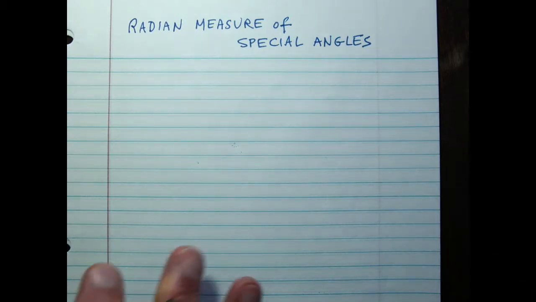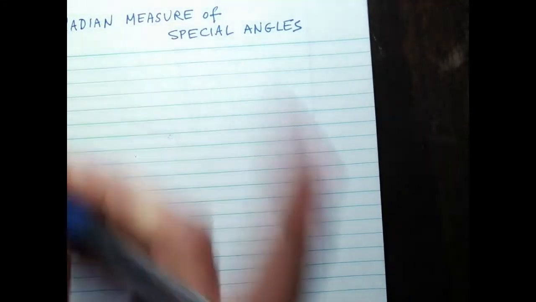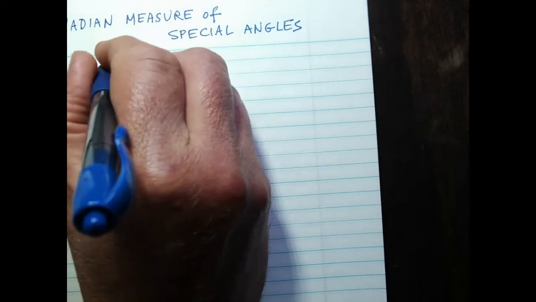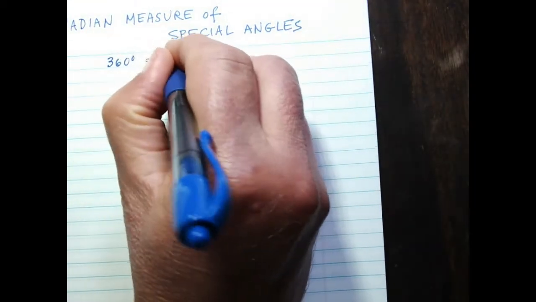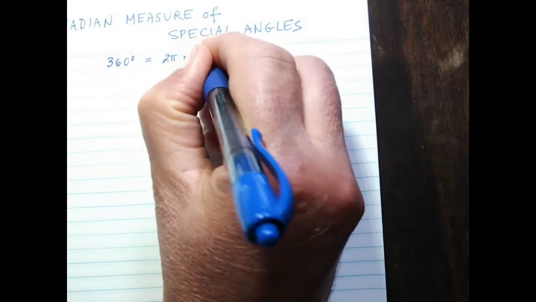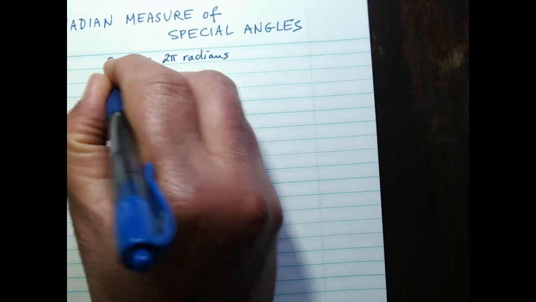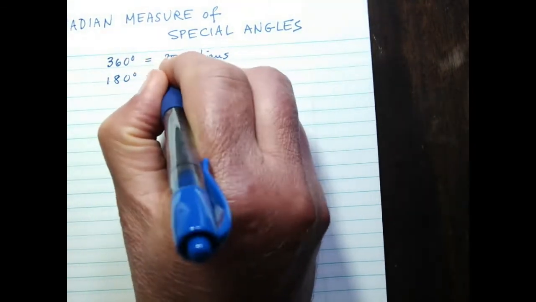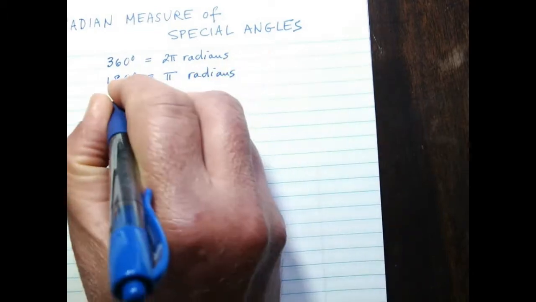So we've already talked about how there are some angles whose radian measure you want memorized, right? 360 degrees is 2 pi radians. And we know 180 degrees is pi radians.